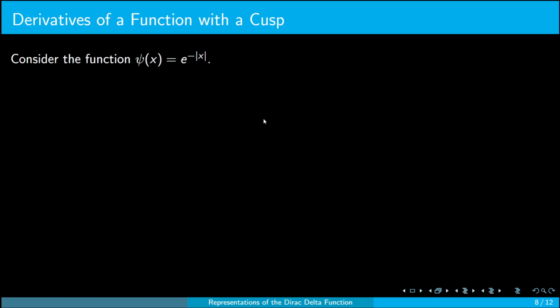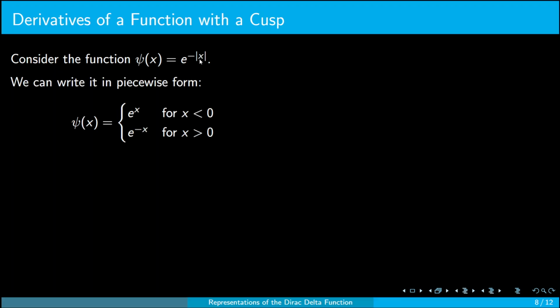Now, the derivative of a function, I think there is a mistake, it must be the derivative of a discontinuous function. So let's consider the function sigma x equals e raised to power minus mod of x. How can we define it? We can write it in piecewise form: sigma x equals e raised to power x when x is less than 0, and e raised to power minus x when x is greater than 0.